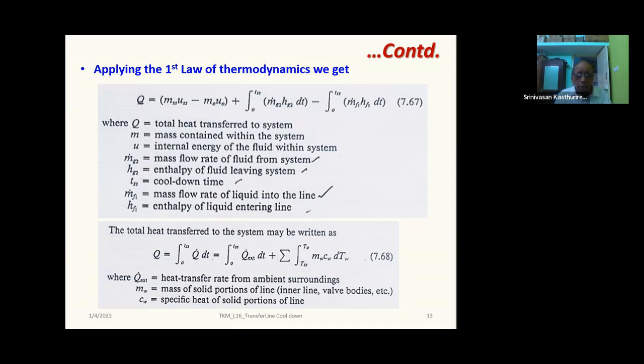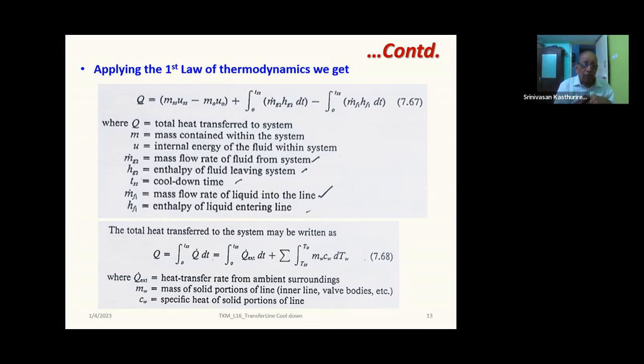In this case, there is no external work done, because the fluid enters from the left end and goes to the right end. That's all. But there is a change in the, so we are considering two conditions. We are considering the conditions when you have an initial state where the entire thing is totally gas.